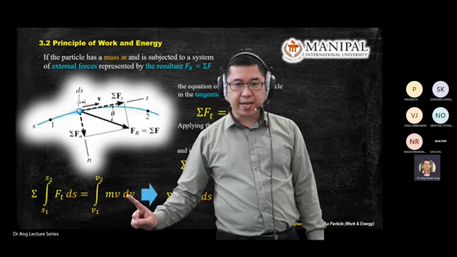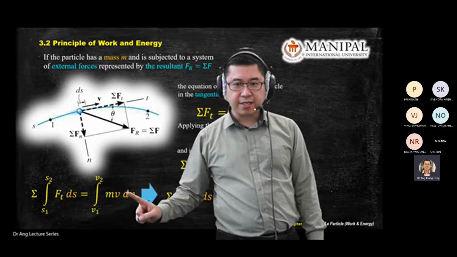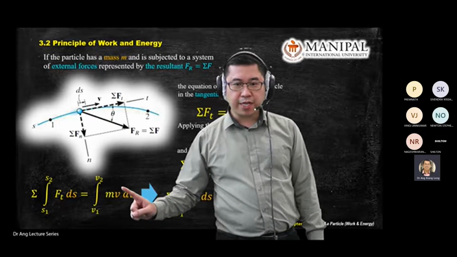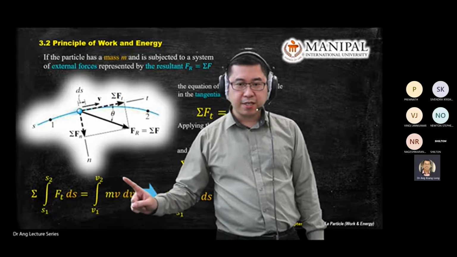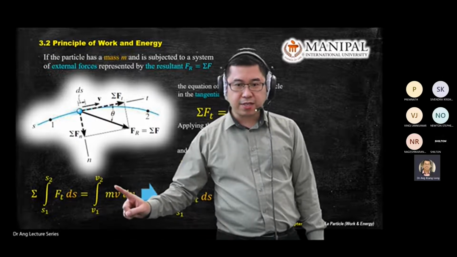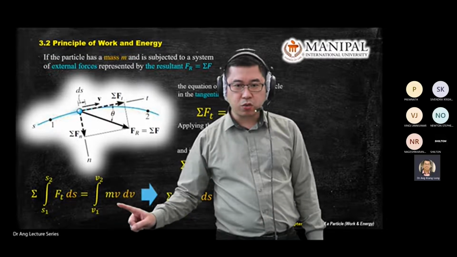It's like integrating x dx. What you do with the exponent of x, you add 1, and then divide by the new exponent. So for x dx, you get x to the power 1 plus 1, which is 2, divided by 2.